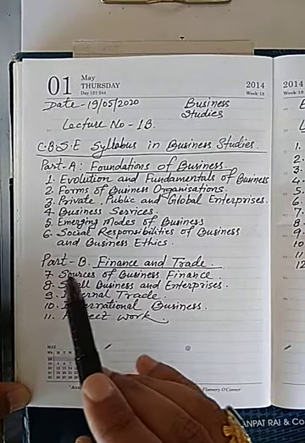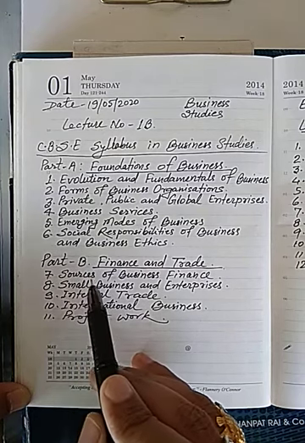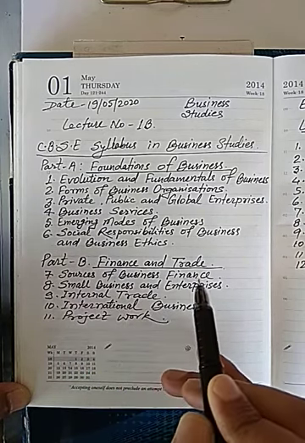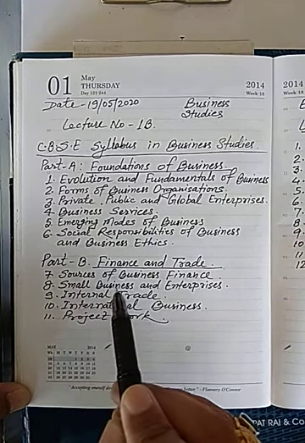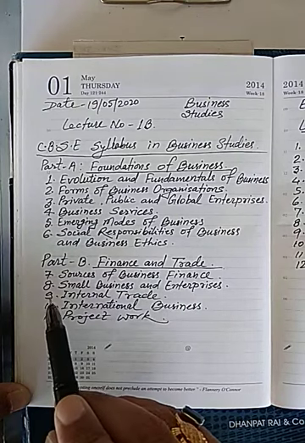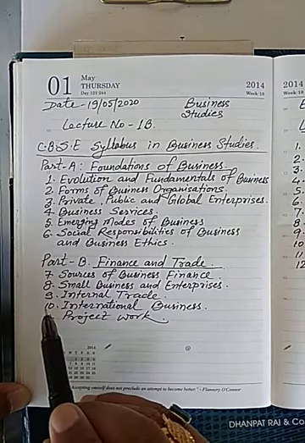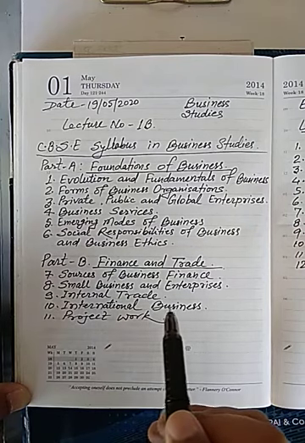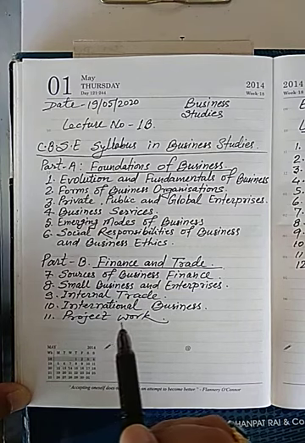Now in part B, 7th chapter will be sources of business finance. 8th chapter, small business and enterprises. 9th, internal trade. 10th, international business, and at last, project work.